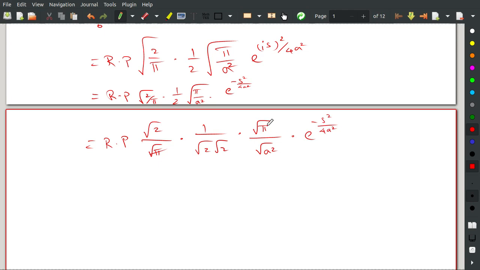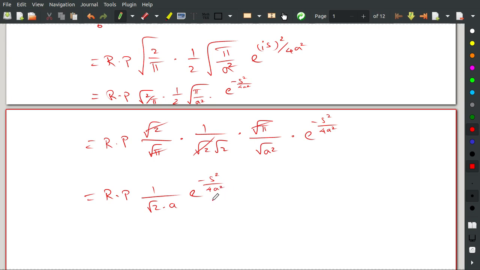Okay, so we can cut this one, this one, and therefore we have real part of, and here it is root 2 and this is a, therefore we have real part of 1 by root 2 into a e power minus s square divided by 4a square.